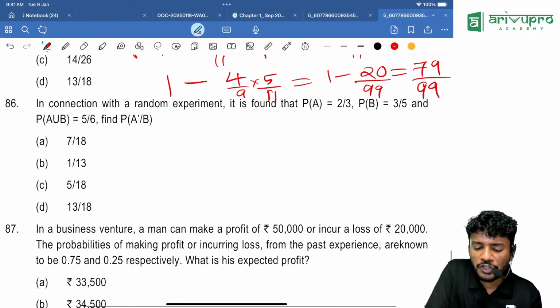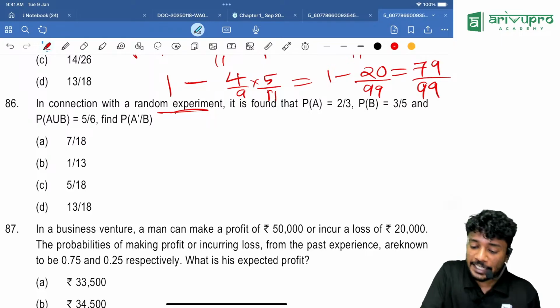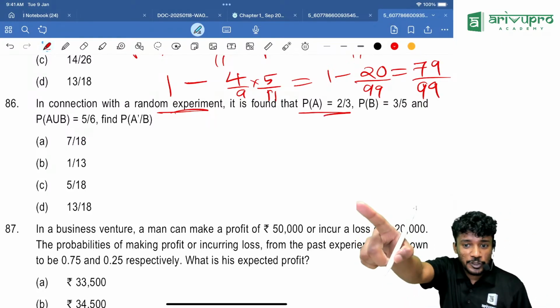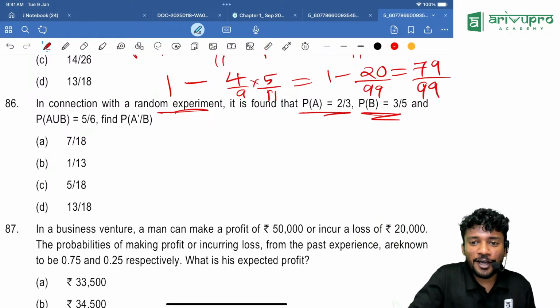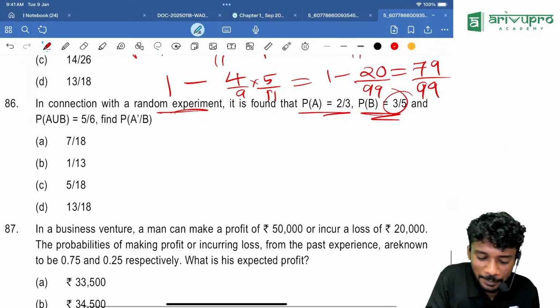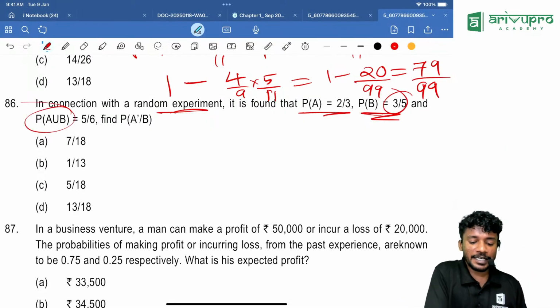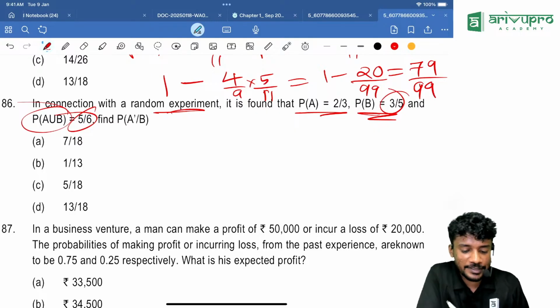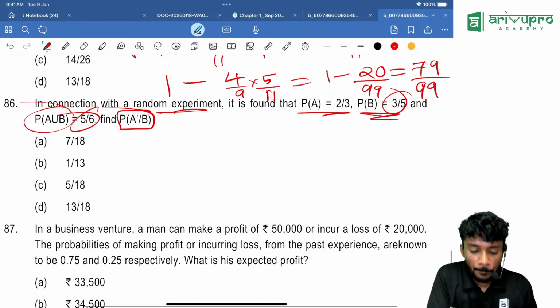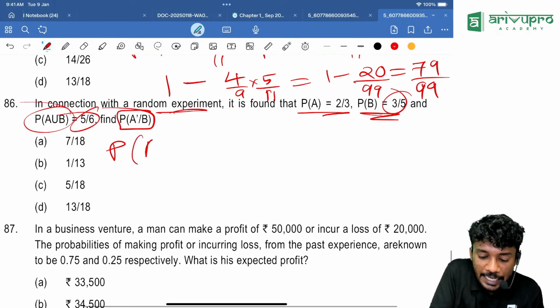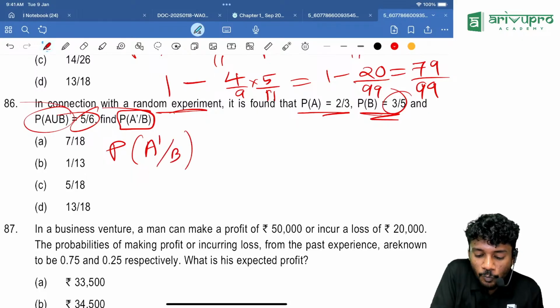In connection with a random experiment, it is found P of A is how much, people? 2 by 3. P of B is how much, people? 3 by 5. P of A union B is how much, people? 5 by 6. Then they are asking for what? P of A complement given B. What is the formula?